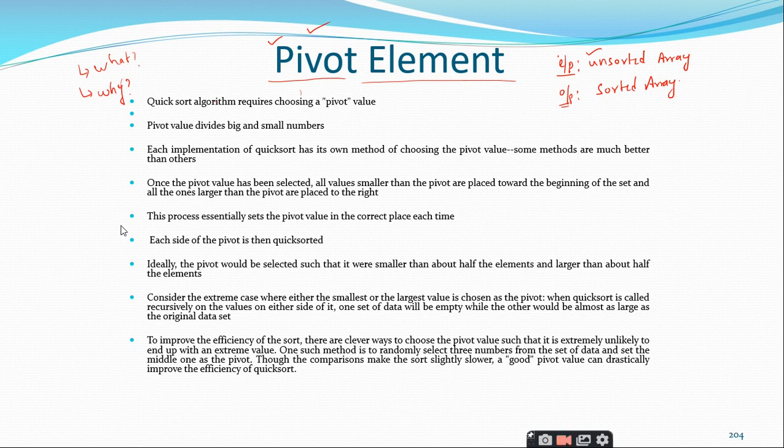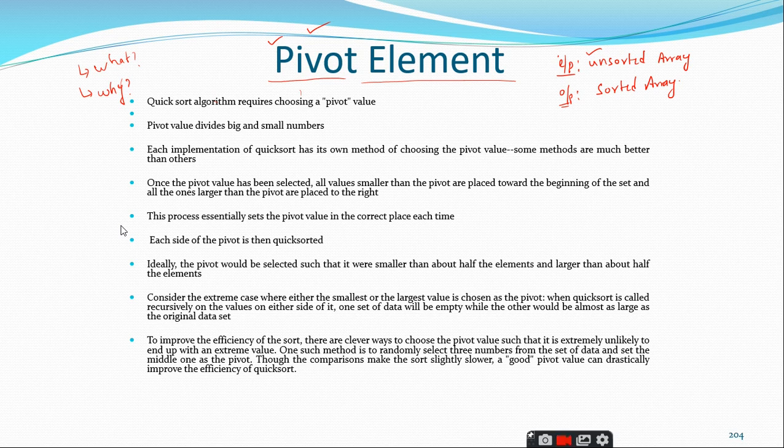Once the pivot sits at its correct position, you can observe that the elements towards the left hand side of the pivot will be less than the pivot, and all the elements towards the right hand side of the pivot will be greater than the pivot element.